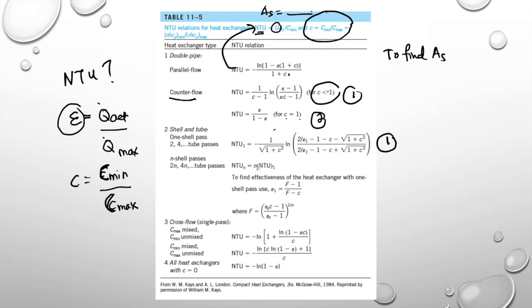So in this equation, we have n value. N value represents the n shell. So if you have 2 shell passes, then you will put 2 as the value here. And then we have NTU1. So NTU1, you will refer to this value, number 1.